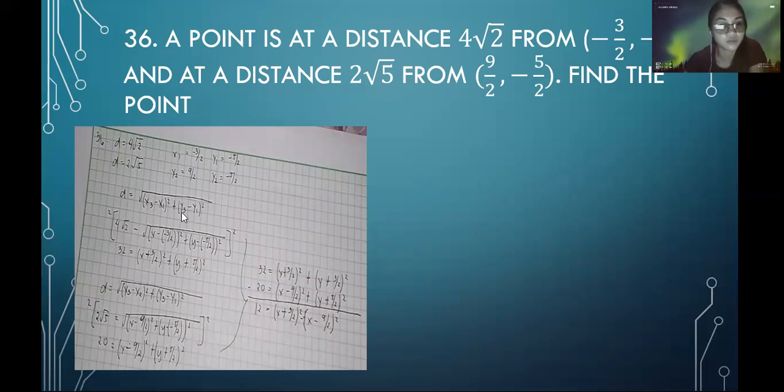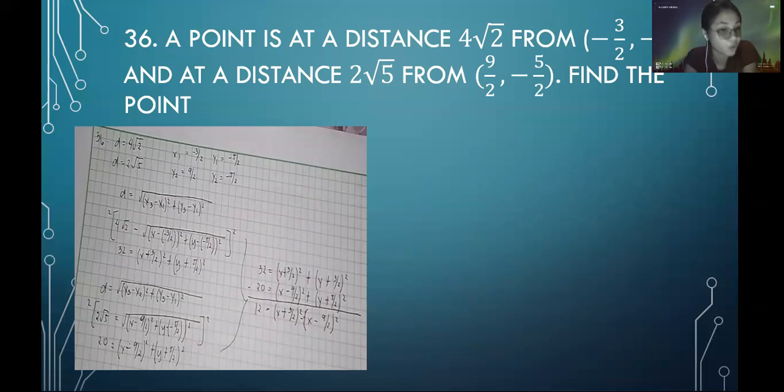So 4 square root of 2 is equal to the square root of x minus negative 3 halves squared plus y minus negative 5 halves squared. So 32 is equal to x plus 3 halves squared plus y plus 5 halves squared.